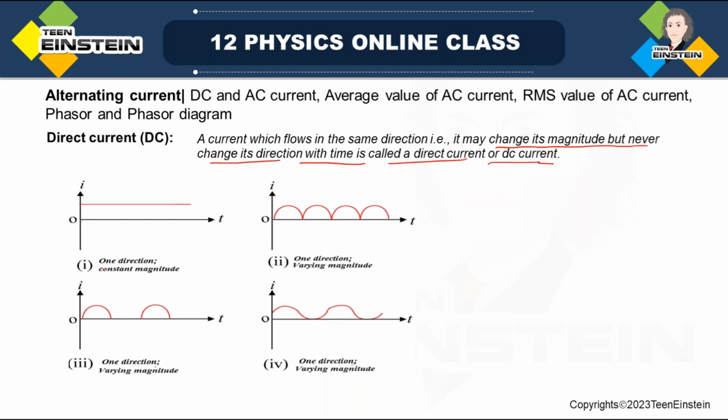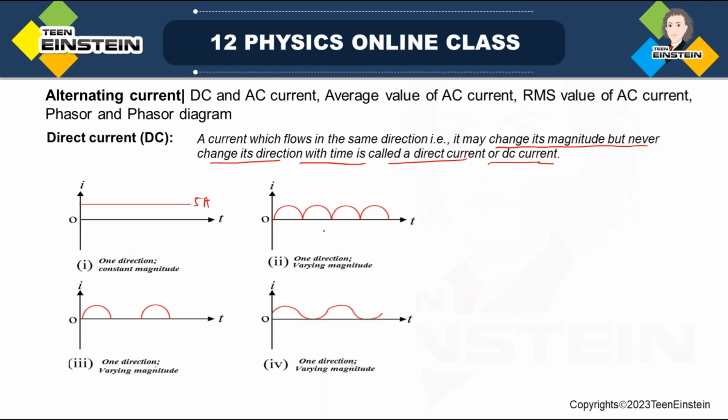See the example one, it has a constant value. The current has a constant value. If suppose this is 5 ampere, then throughout, as the time passes, the magnitude of the current doesn't change. So this is one example.